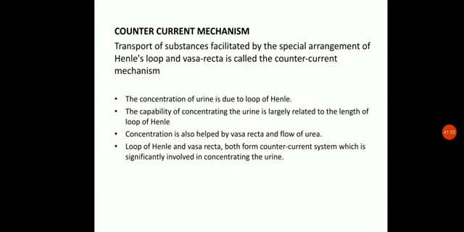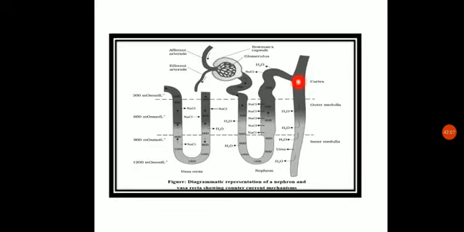Okay, so next, one more thing is there: the countercurrent mechanism. Now, when there is a flow of filtrate from this side, from the loop of Henle and from the PCT and from the DCT, all these tubules are also surrounded by capillaries, that is, peritubular capillaries.